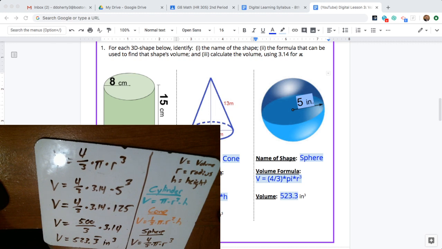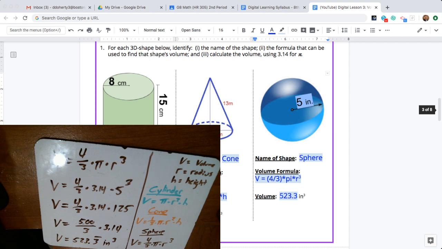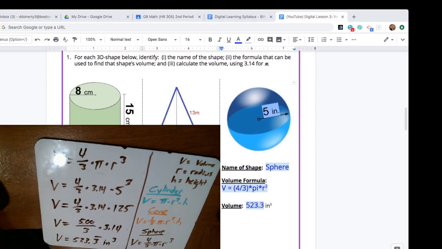That 3 would be repeating. I'm going to use a ... after a few of the 3's just to signify that that 3 keeps repeating, but you also could just round this off to say about 523.3 inches cubed. At that point, hopefully we're ready to move on to the second and the third problem.